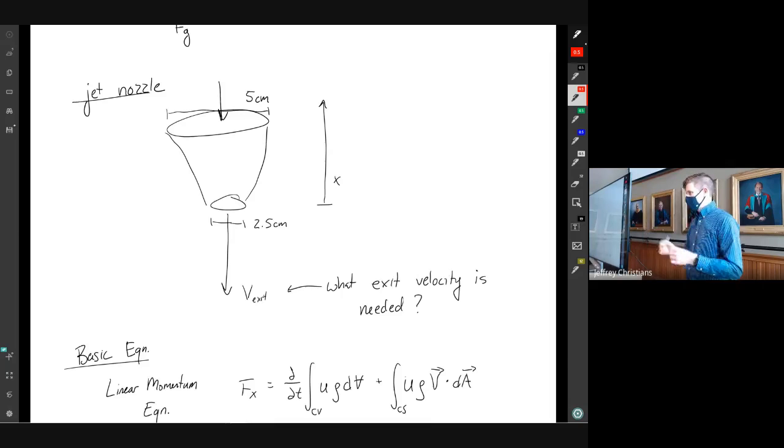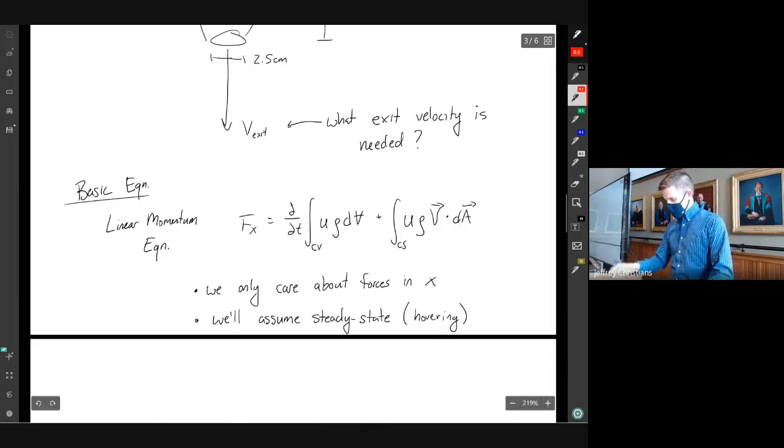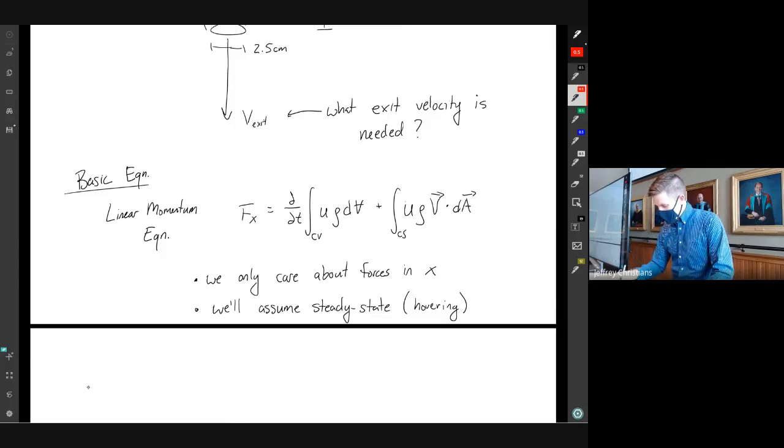It's just that that's not changing. You're just hovering there, so you have water constantly flowing through. It is accelerating. That's what's giving you the forces, but it's not changing with time. Does that distinction make sense? So that crosses out this.